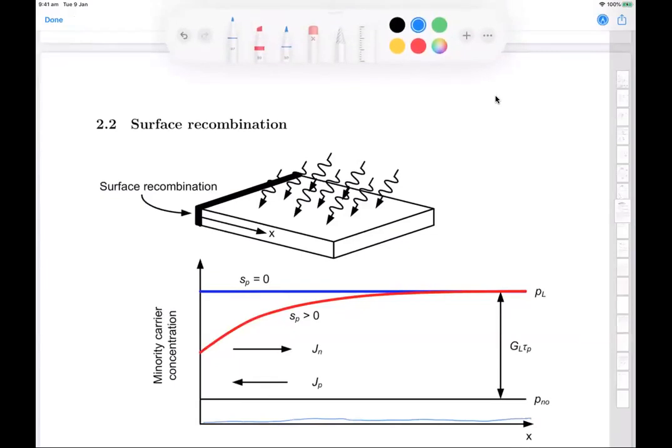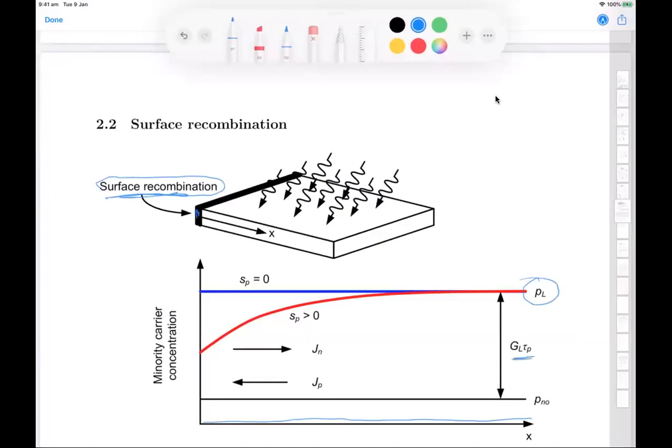And here we have an area where there is surface recombination happening on the edge. We have light again coming into our bulk material. So a long way away from this surface recombination zone, we expect that the steady state value will be the same as the case we studied earlier.